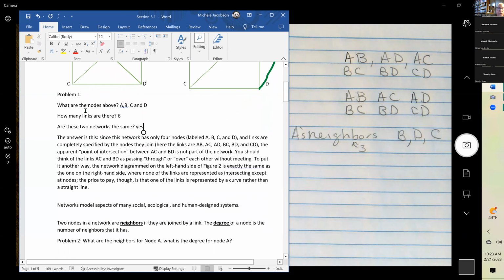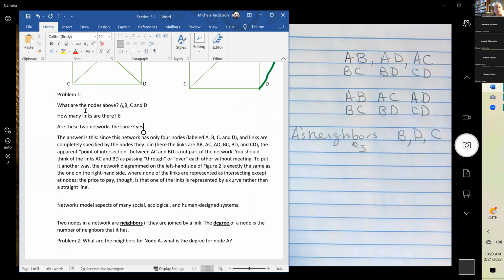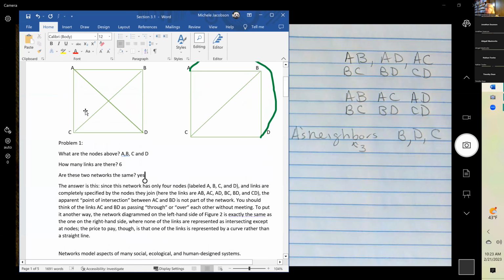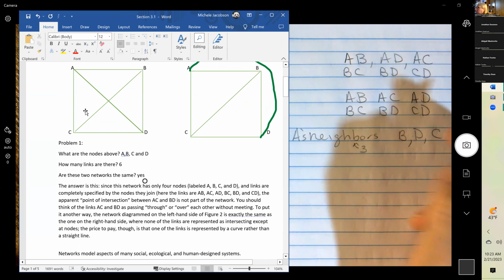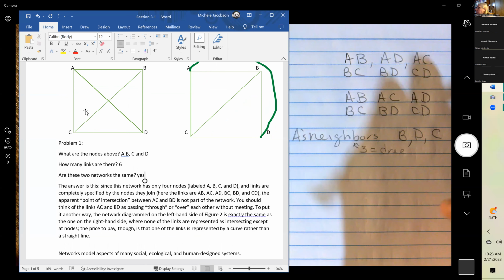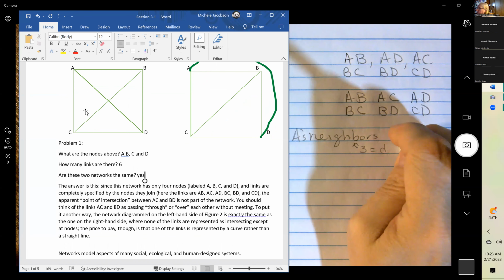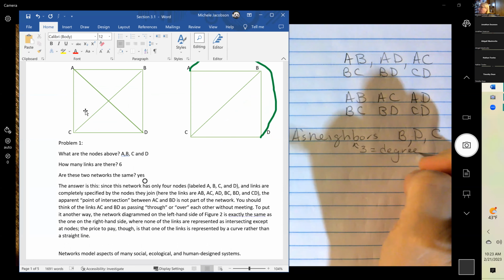What are the neighbors? So those are the neighbors. What is the degree? The degree is the number of neighbors that you have. Since A has 3 neighbors, its degree is 3.